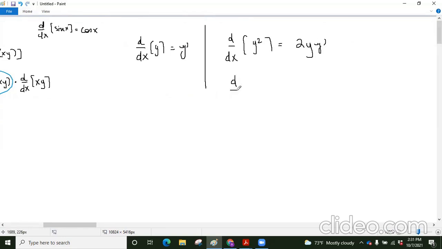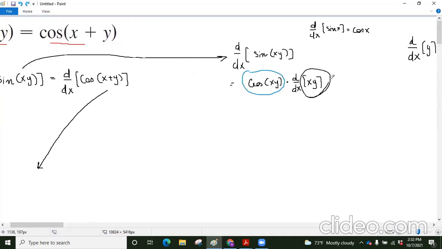So what is the derivative of y to the fourth? You just use the power rule. It's 4y to the third, but then you add a y prime. If it's not raised to anything, just add a y prime. But if it is raised to something, use the power rule and then add an extra y prime. That's how it works.